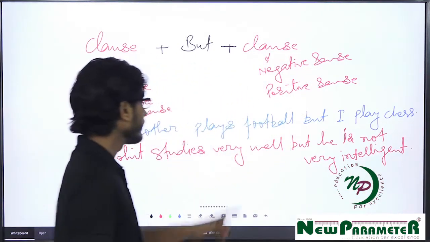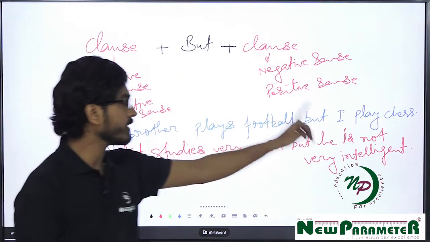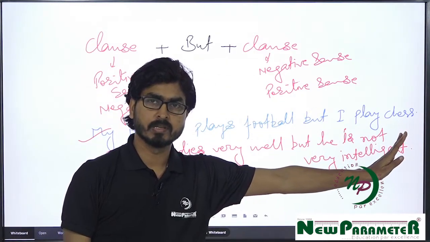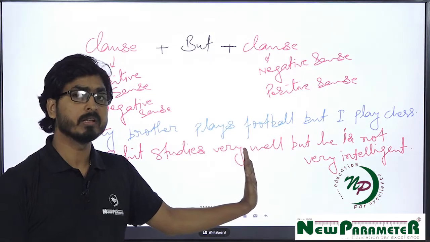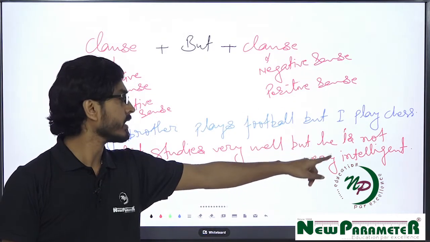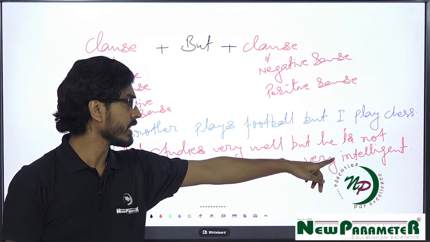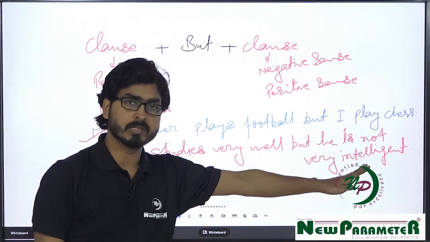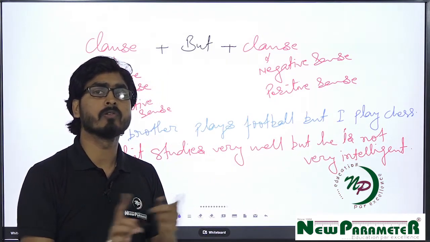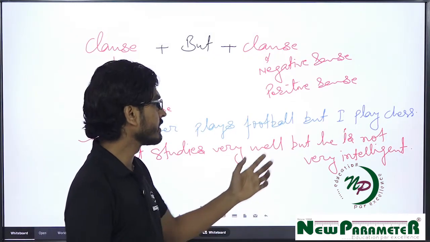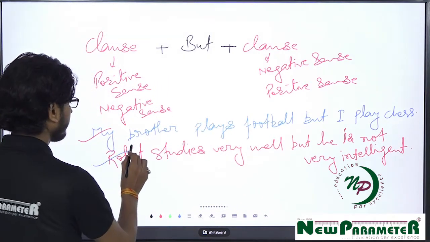Now you see, this gives you a very positive sense, but this gives you a very negative sense, because if someone studies very well, he must be very intelligent. But this sentence tells that he is not very intelligent, means these two clauses are contradicting each other. That's why the sentence is perfectly fine.